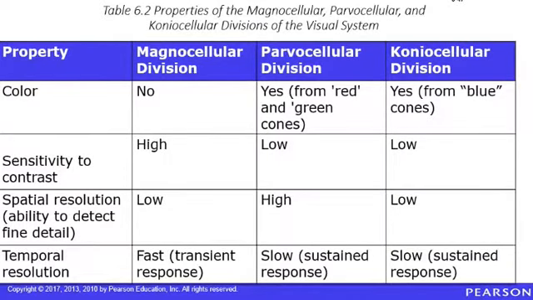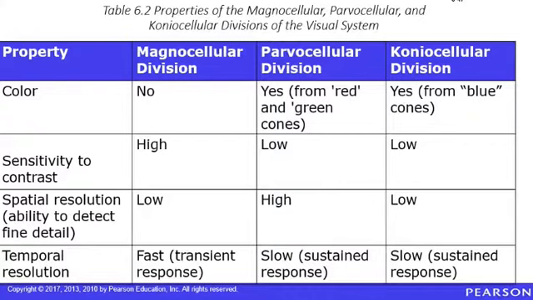This table just lays out some of the properties of the magnocellular, parvocellular, and koniocellular divisions, and deals more with color. Color is more a function of the parvocellular and koniocellular layers.